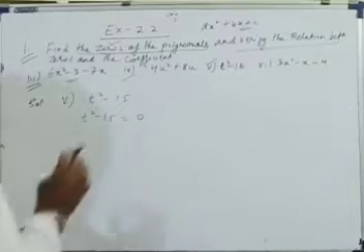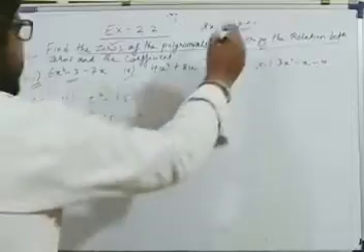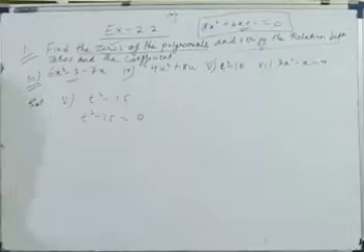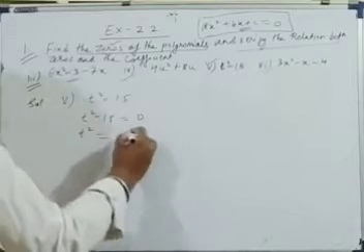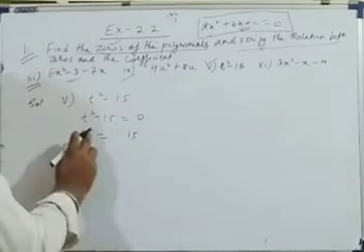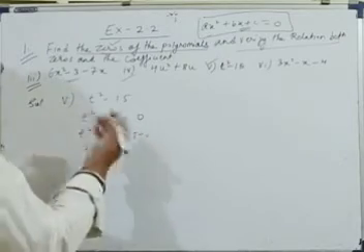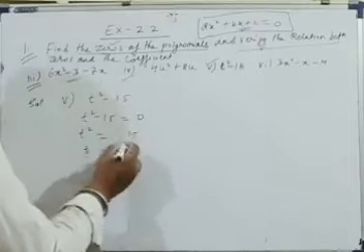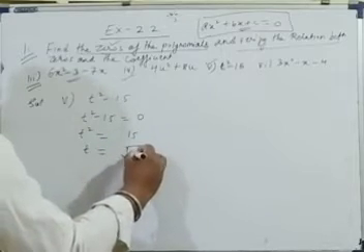Let's equate this equation to 0, because the standard form is always equal to 0. Then transpose the 50 over here, and then transpose the square. If you transpose the square, it becomes square root.